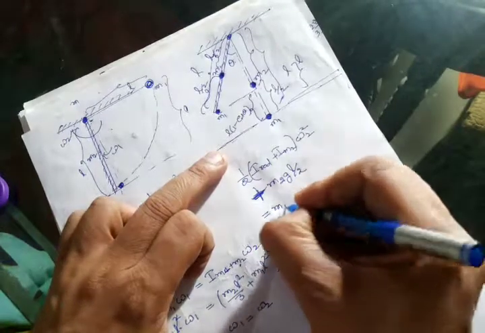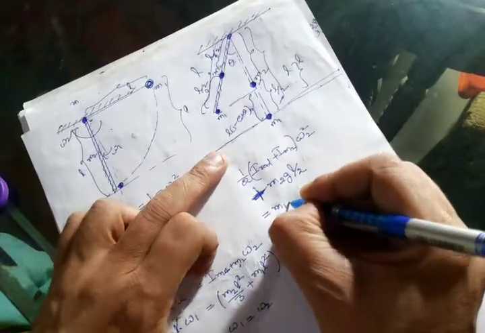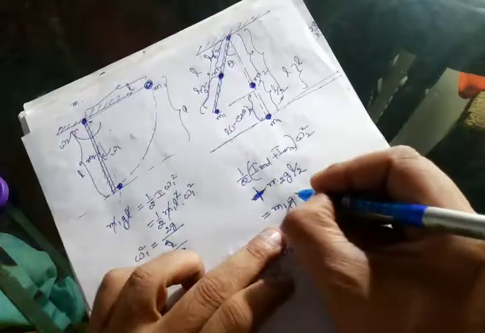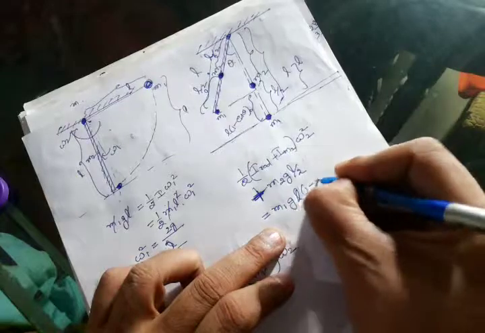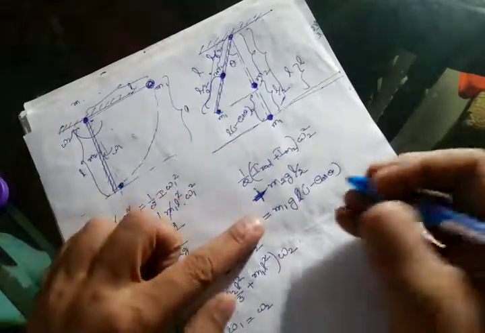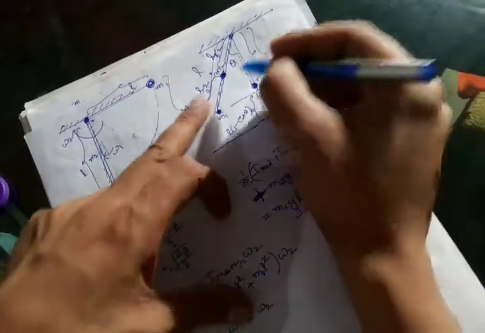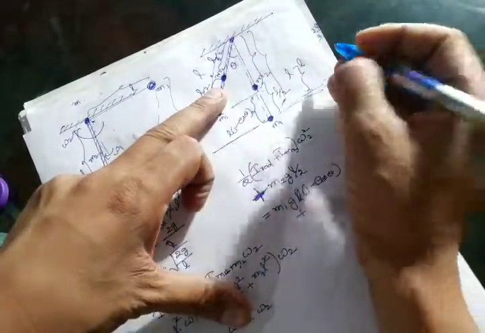So m1 g L (1 minus cos theta), plus m2 will move from here to here.